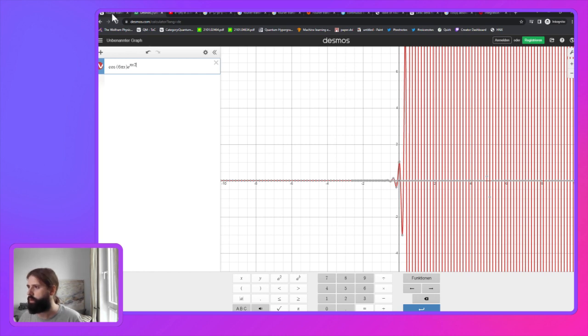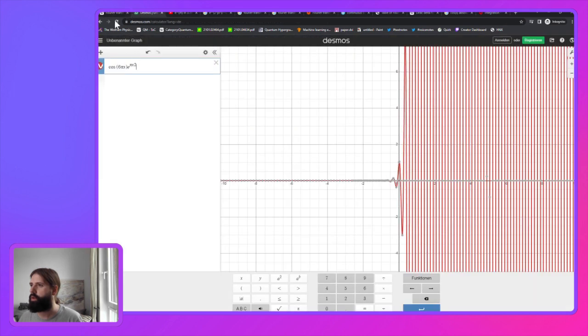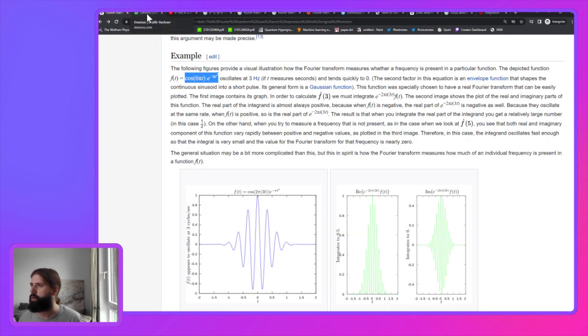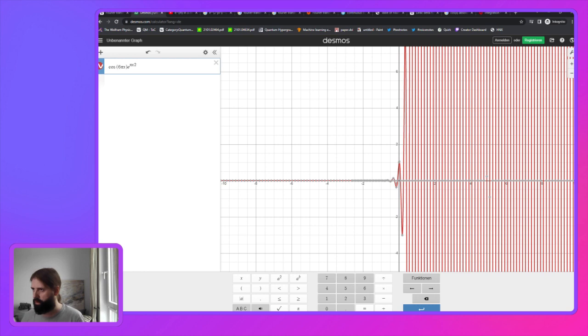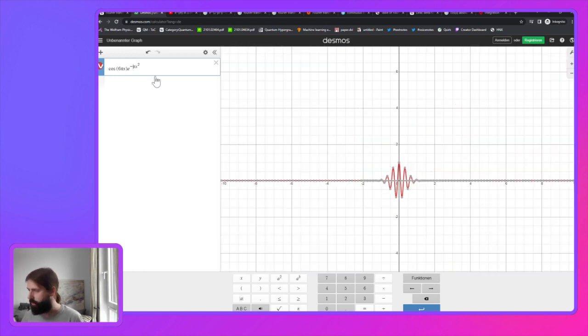What is it that I am doing? Cosine, minus x, okay, x squared. Interesting.